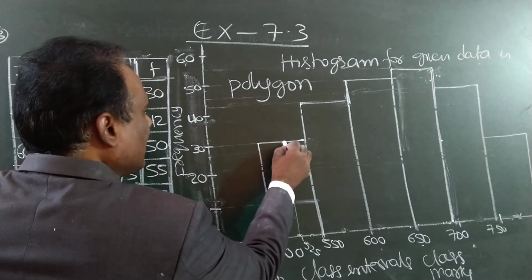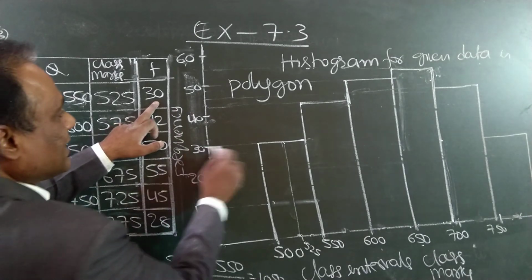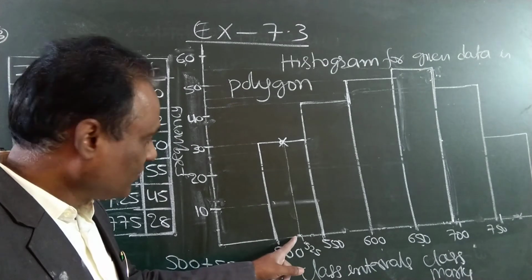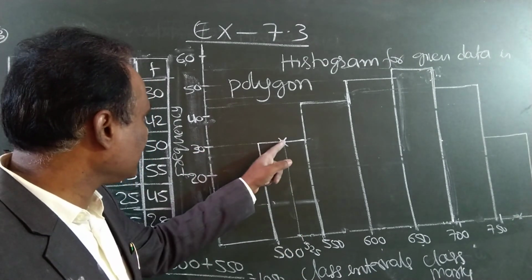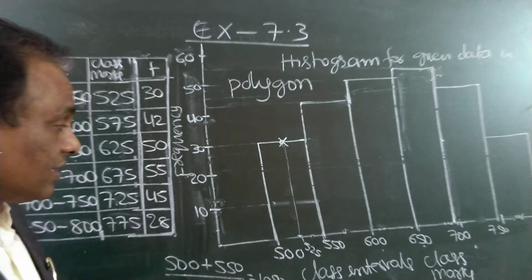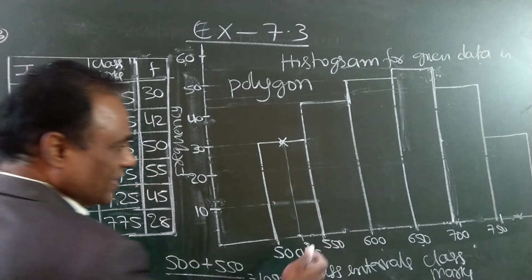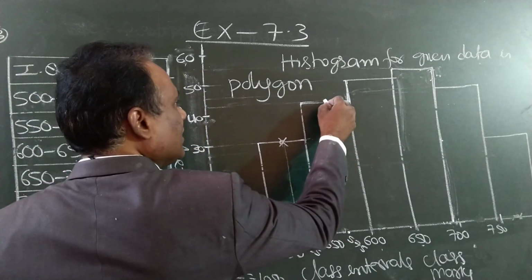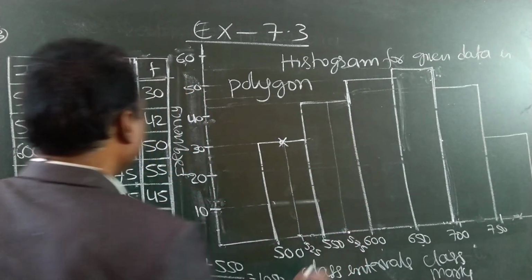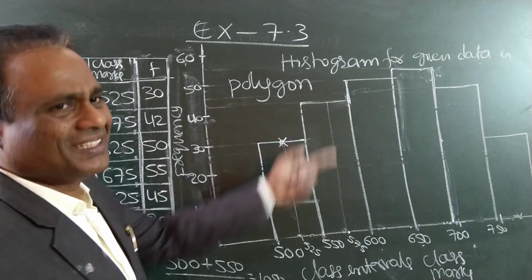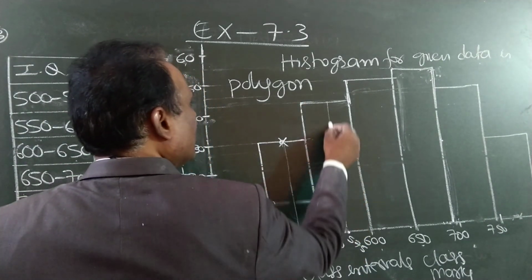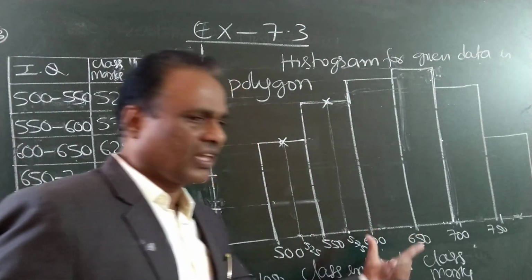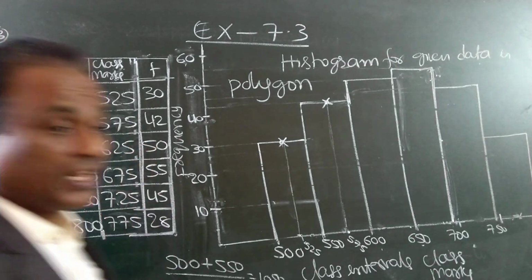So 525 up to the frequency, 30. This is the point. Don't write. 575, between these two, up to 42. This is up to 42 only. If you mark the middle one, that is enough. Simple. 625, up to 50. That is also the middle.